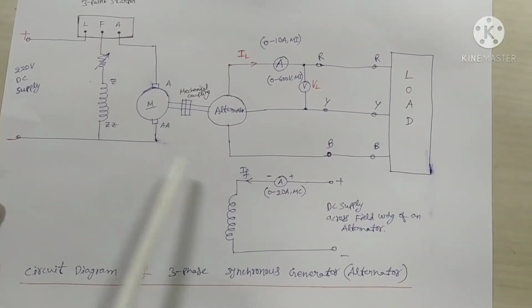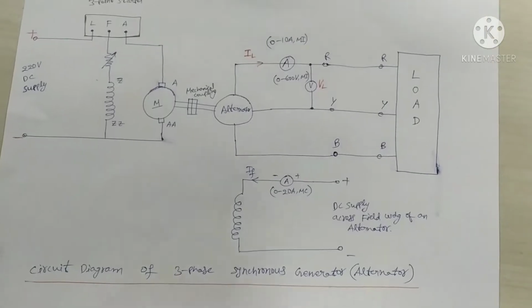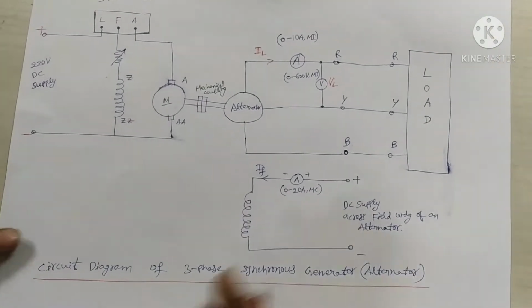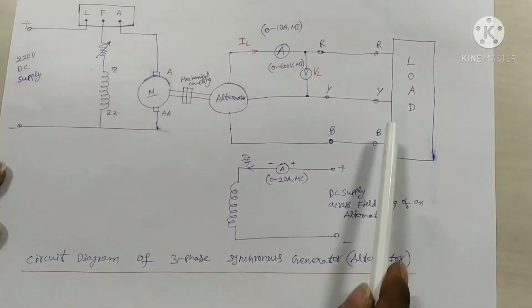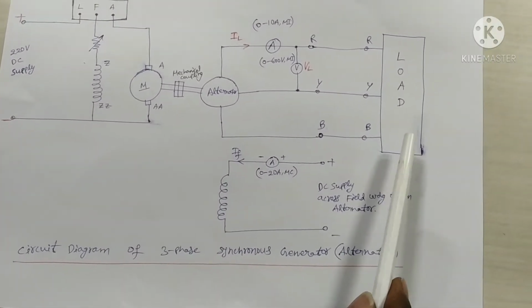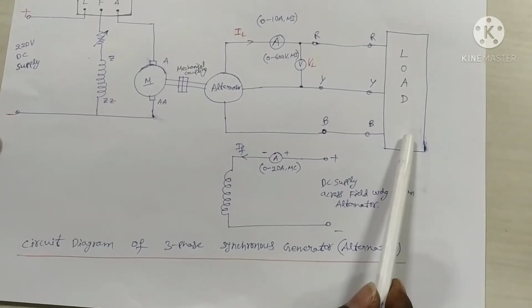If you observe this circuit diagram, it is the same for the first and second experiments also, up to the load. At load we are using the three-phase inductive load and three-phase capacitive load.